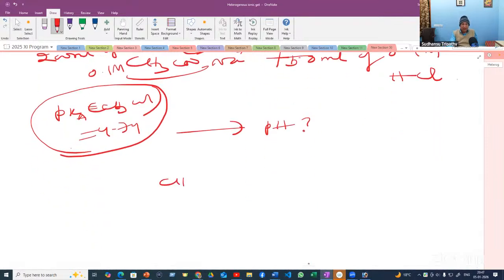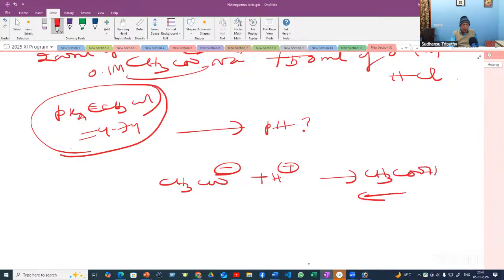Here, the acetate ion will immediately grab H plus ion to form undissociated acetic acid. Because if the dissociation constant is 10 to the minus 5, the formation constant is 10 to the plus 5. So it is highly right favored and spontaneous.